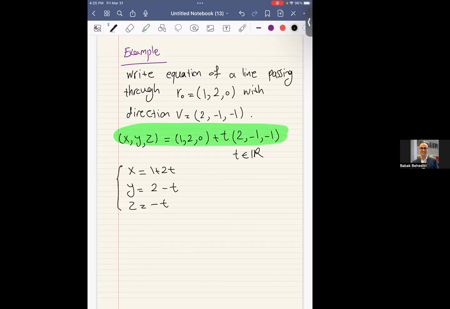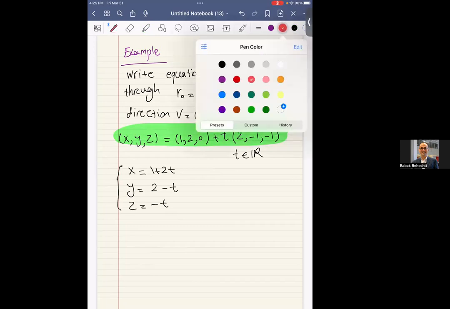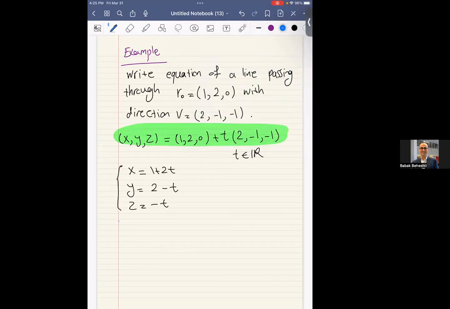So now let me give you another example. If I say, write the equation of a line passing through (0, 2, 2), parallel to the y-axis.